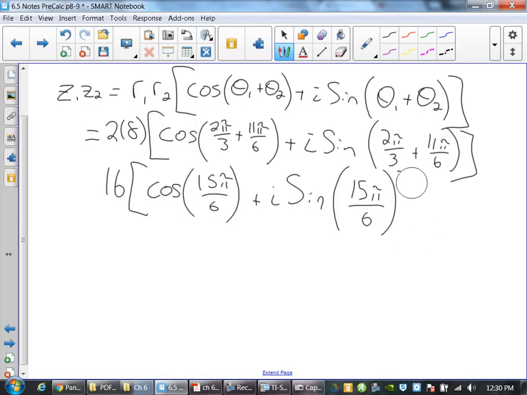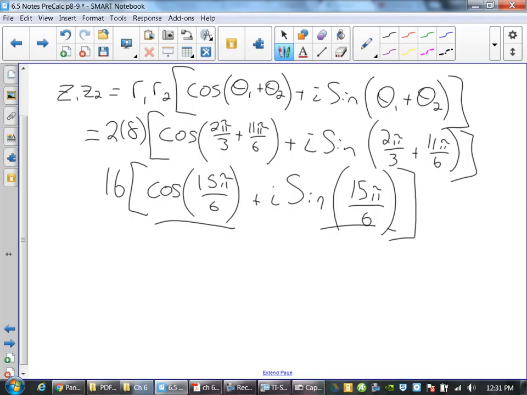Oops. Bad graph. So now we're going to start simplifying this and this. 15 pi over 6 simplifies to what fraction? Good. As you start spinning it around. Because if you simplify 15 over 6, you get what?